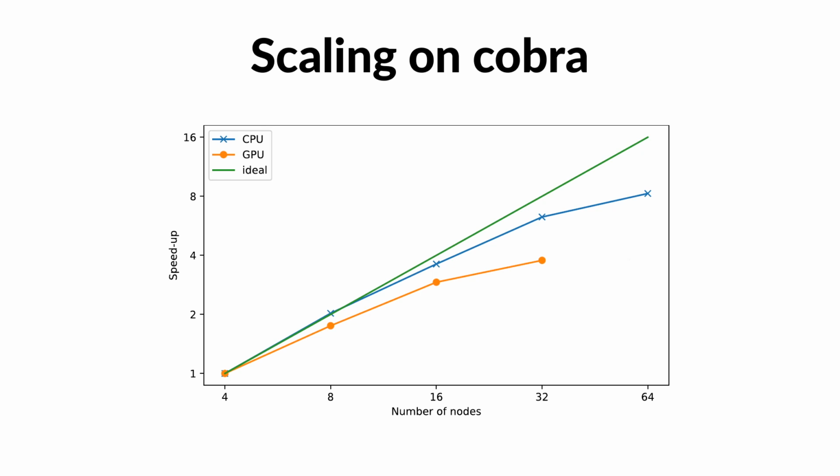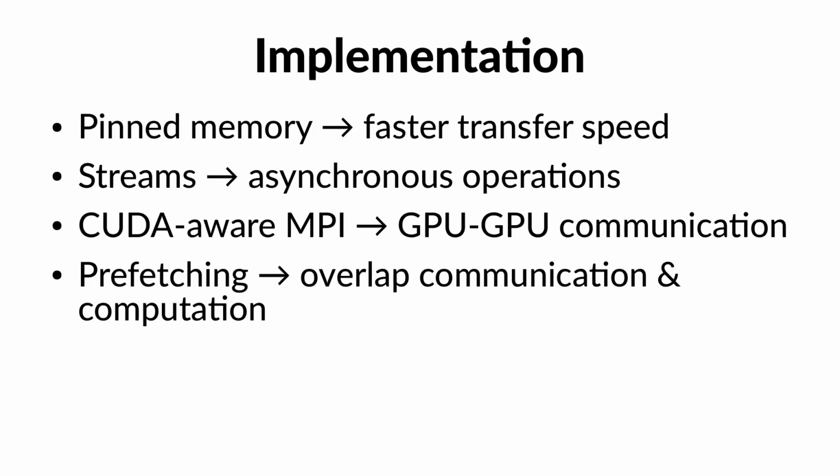Okay, so after showing some results that show you that it's already in a state where it can be used efficiently on GPUs, I'd like to mention some details on the implementation. So there are several technologies that we used in order to speed up the code. And I just want to highlight a few. So just mentioning, we used pinned memory, which improves the transfer speeds.